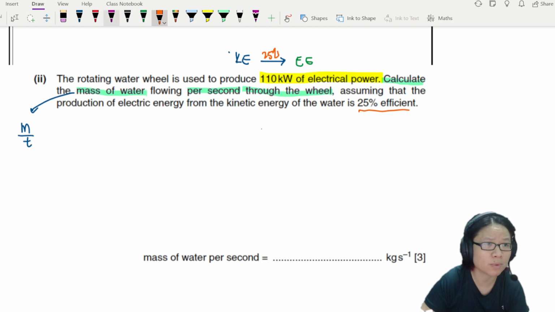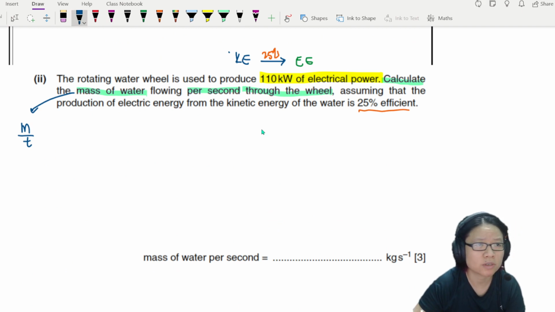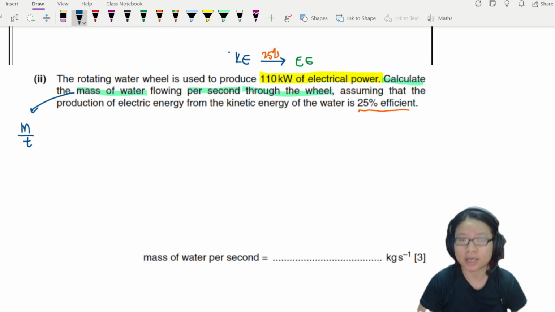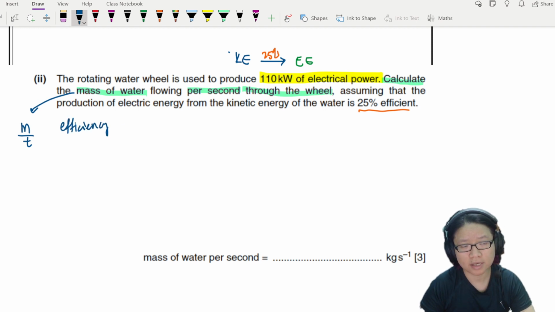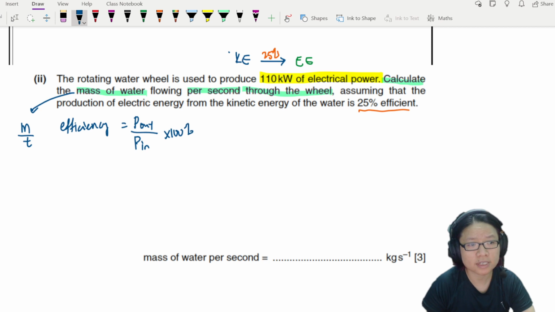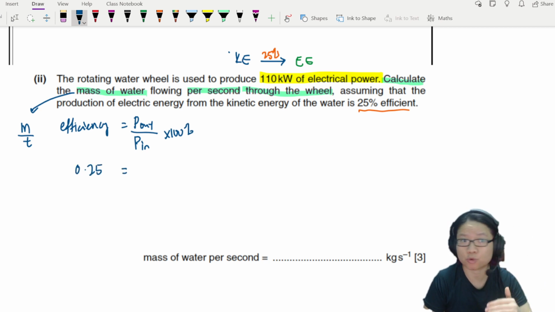So first things first, I want to think about what kind of ratio we are doing when this is 25% efficient. Efficiency can be written as the useful output over the input power times 100%. Because this is 0.25, this is the ratio of output to input.